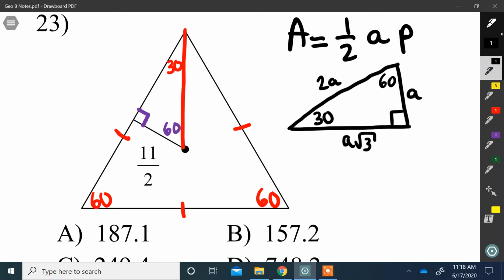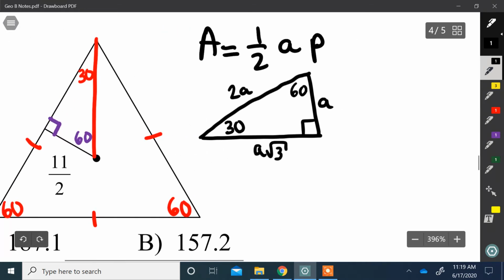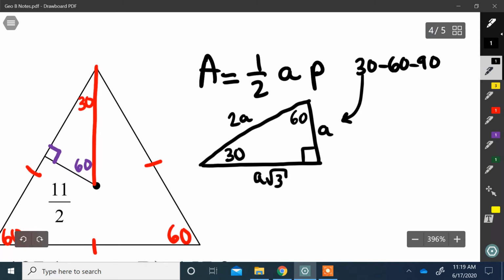And you're probably wondering, Mr. Ordonez, where are you getting all this from? Well, I just went on Google and typed in 30, 60, 90 triangle. That's all I did, honestly. They're called 30, 60, 90 special triangles.